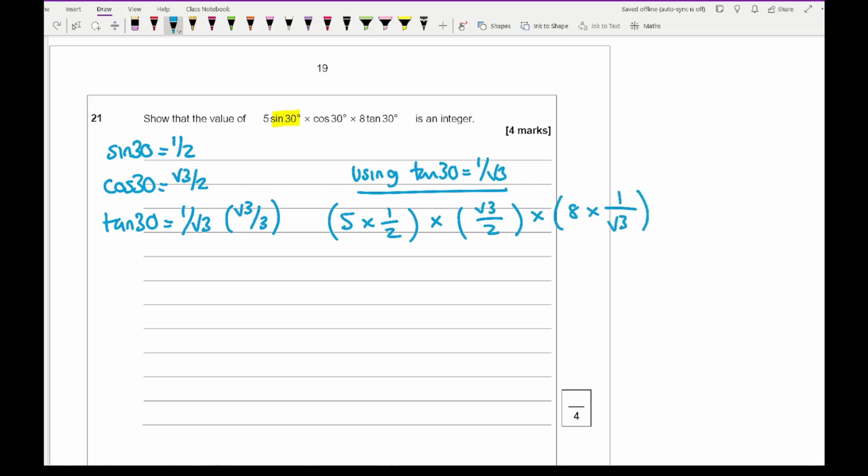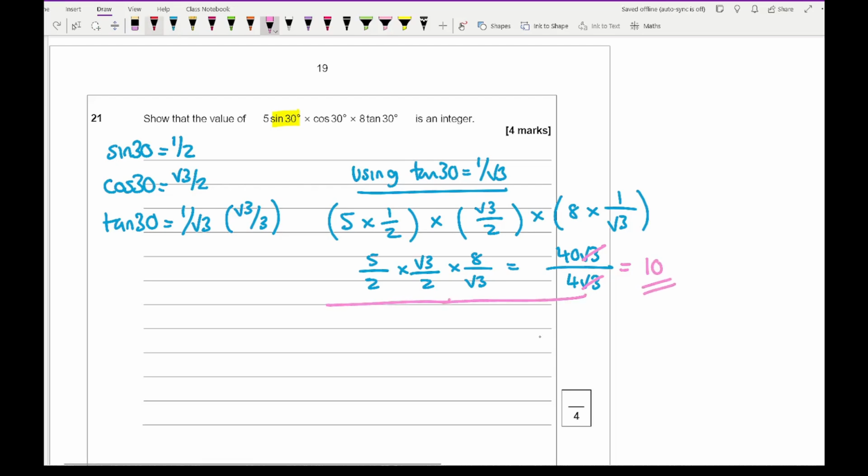Now multiplying things out, I get 5 over 2 times root 3 over 2 times 8 over root 3. Now just multiplying the numerators together, I get 40 root 3 over 4 root 3, in which the root 3's cancel out, and I've got 40 divided by 4, which equals 10.